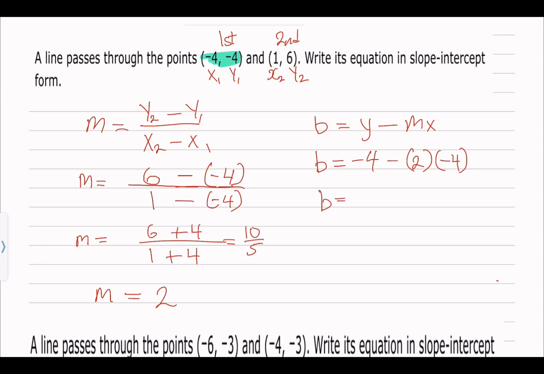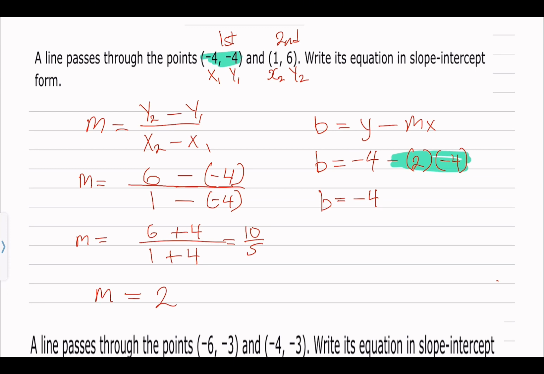Now let's make this look pretty. So b equals negative 4 minus 2 times negative 4. What is that going to be? What is 2 times 4? 8. Is it going to be plus 8 or minus 8? Be careful.